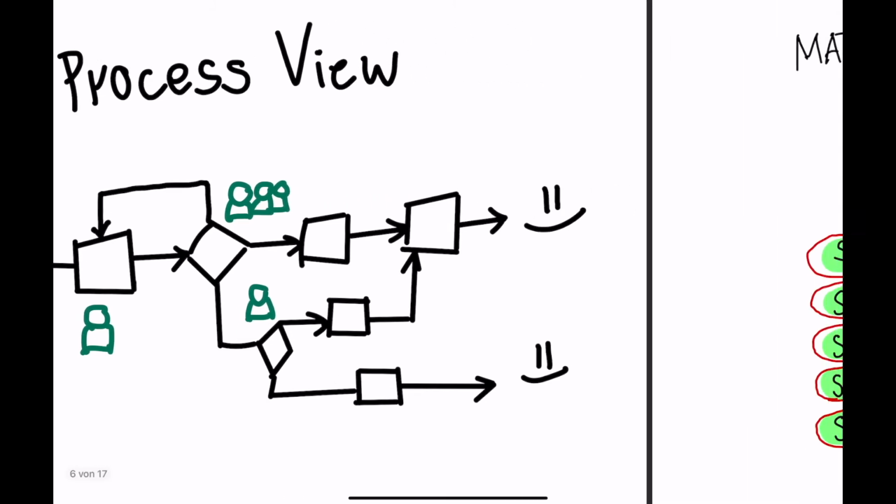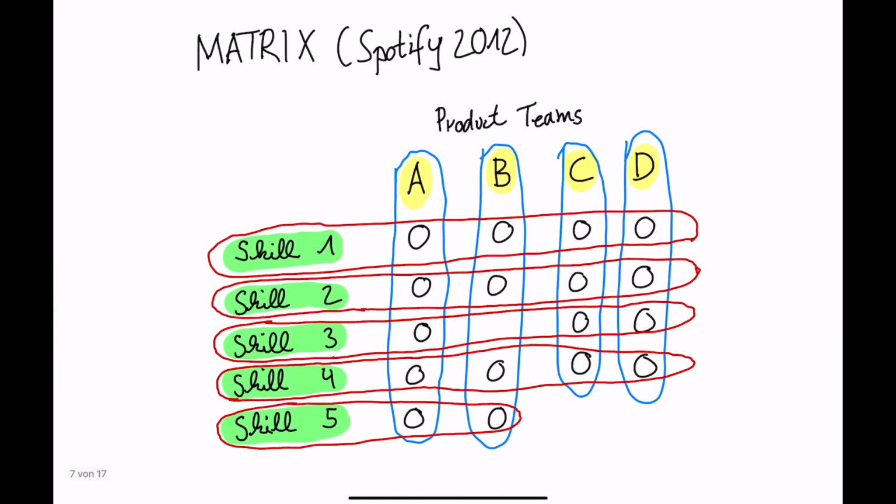Then another typical visualization style that is going through a certain revival thanks to Spotify is the idea of a matrix organization.